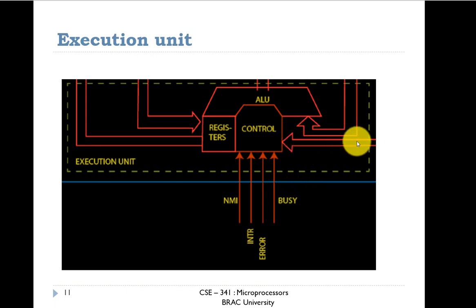The instructions that are fetched go to the ALU, the ALU performs the operations, and the results of the operations are stored in the registers. Now let's understand the whole process in a nutshell.